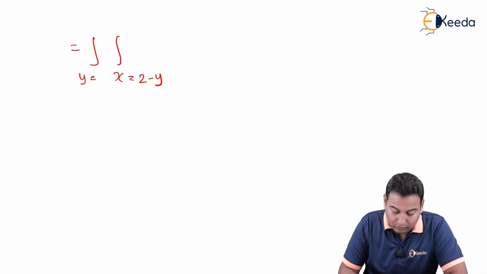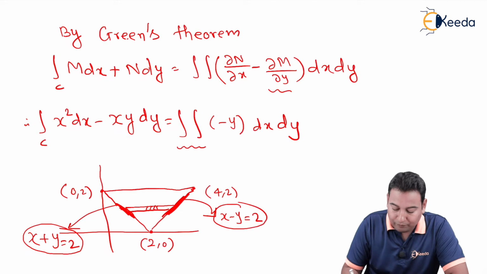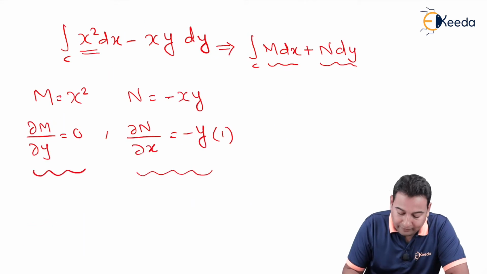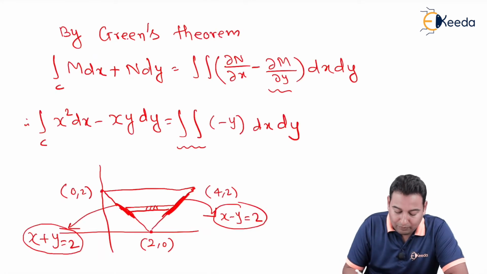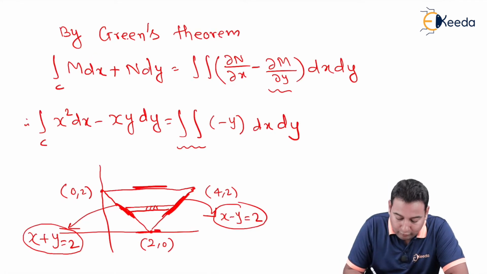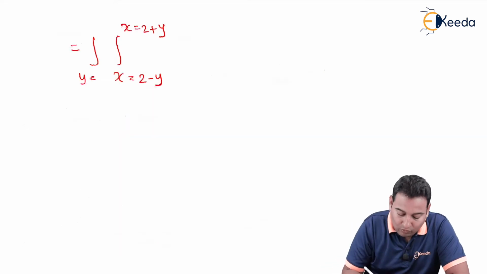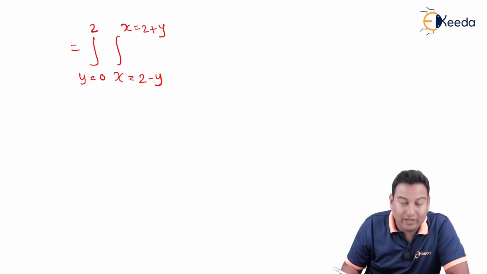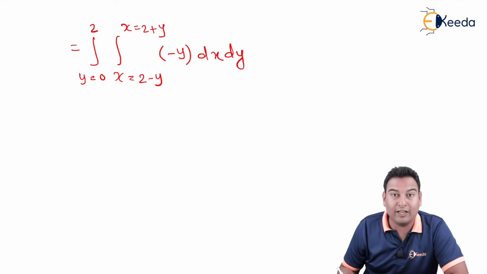The ending part of the strip is lying on this line, here x equals 2 plus y. Move the strip, it will go from this point to this point, that means y equals 0 to y equals 2. Inside we have only minus y, dx and dy.